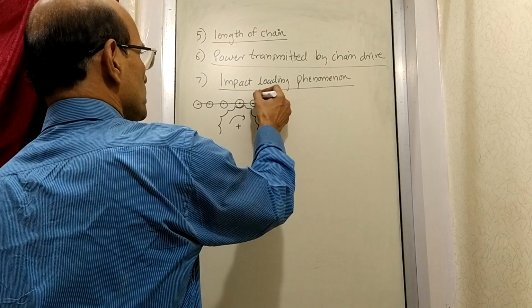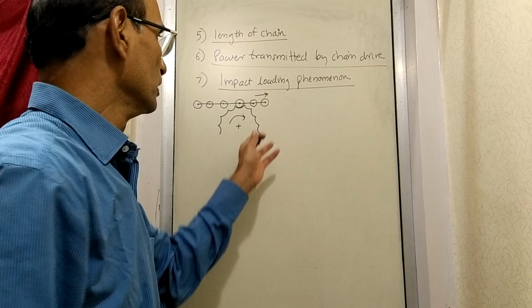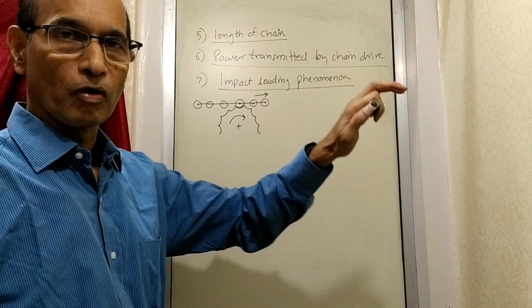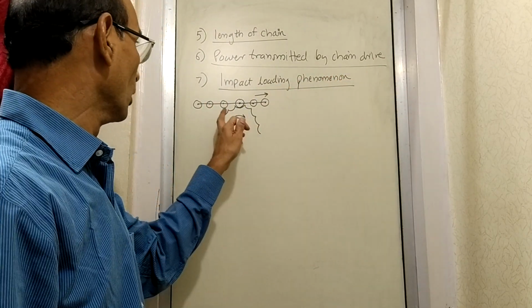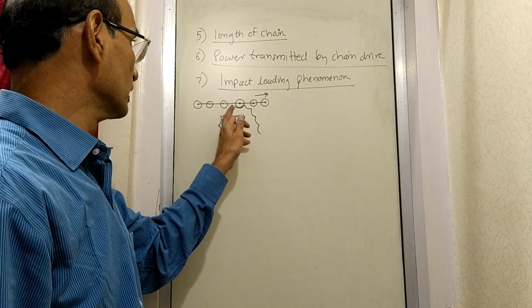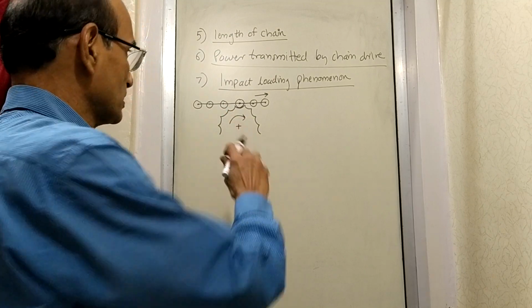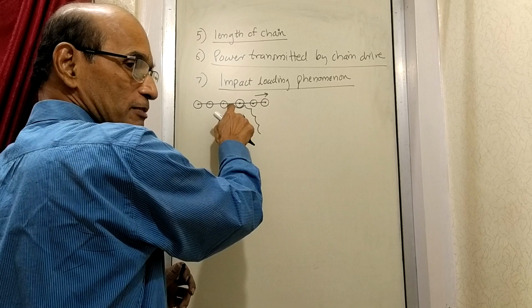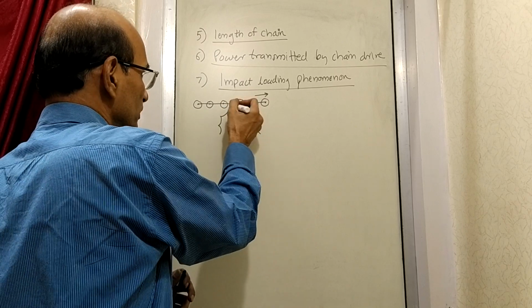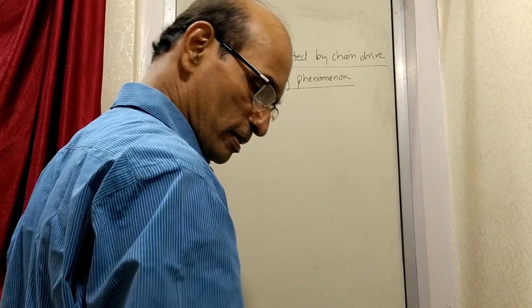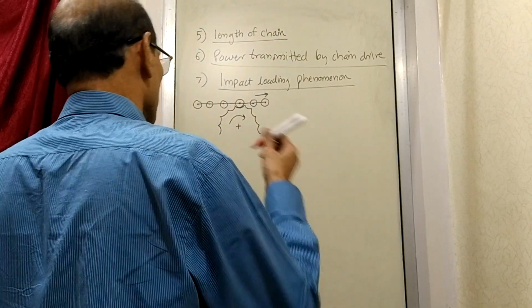So we have drawn a chain and a sprocket. This sprocket will rotate, and the chain is going to move forward. At the moment you can see here there is a roller. Now this roller is coming and sitting here. As it rotates, this roller will take this place. Now when that happens, this is going to have some kind of a small impact because this is a metal.